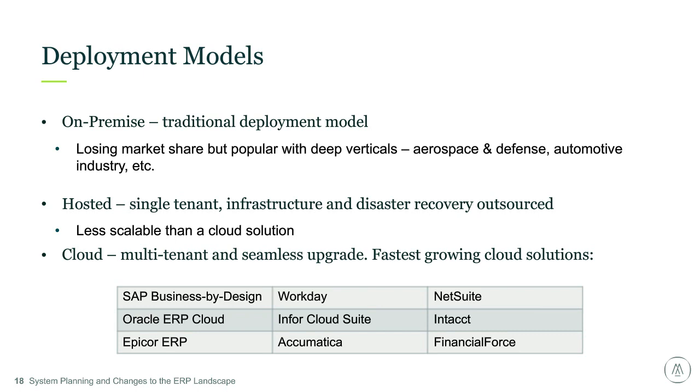All customers in this case are seamlessly sharing the same application instance, usually accessed via a web browser anywhere in the world. The upgrade process is also seamlessly done by the vendor. Cloud ERP deployments usually result in tremendous cost savings on hardware maintenance, software updates, fixes, database maintenance, and other labor costs.